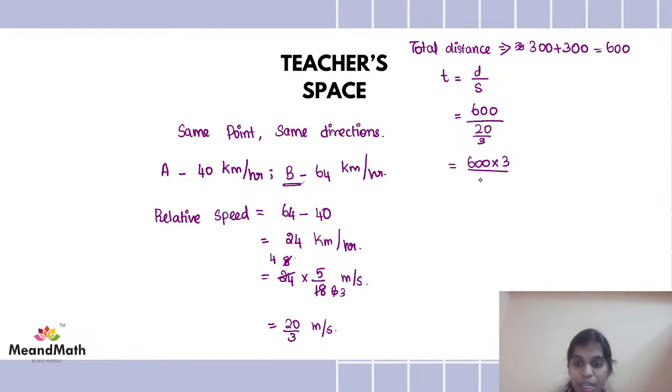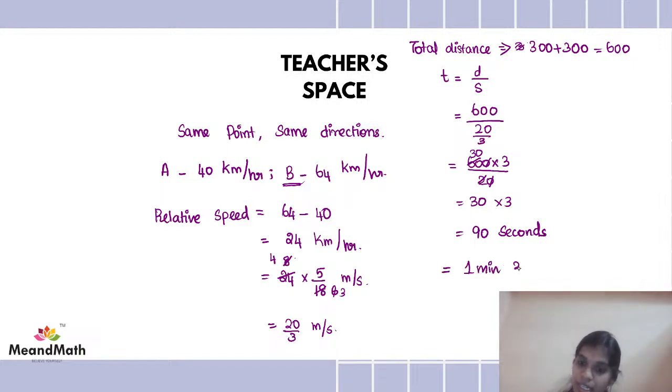600 times 3 by 20. 30 into 3. This is 90 seconds, which means 1 minute and 30 seconds.